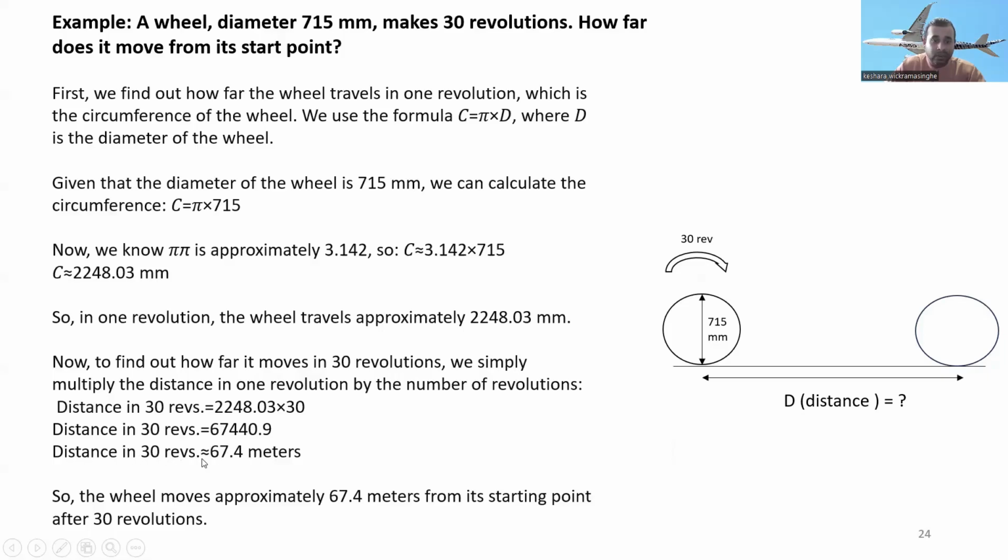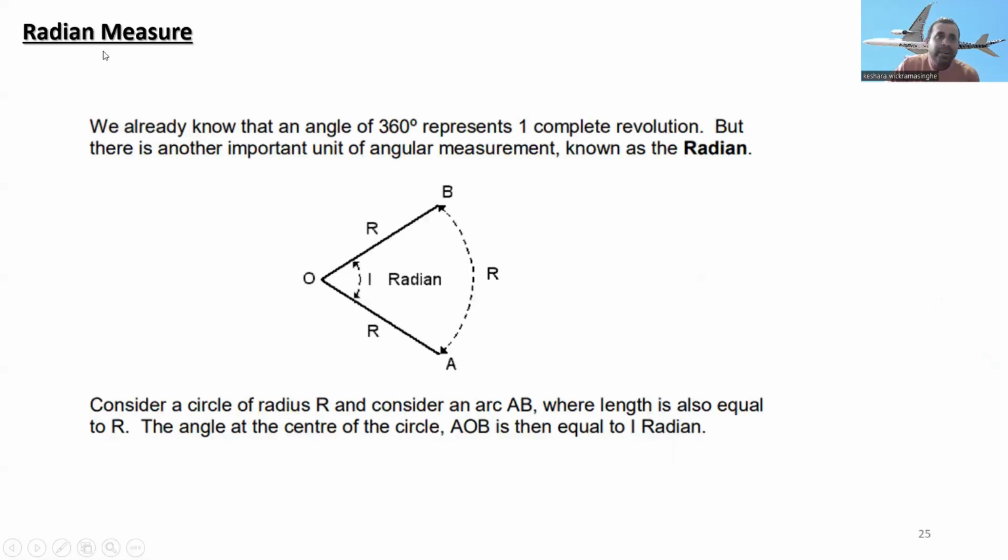So the distance in 30 revolutions is approximately 67.4 meters, because this value is in millimeters, so we have to convert it to meters. The wheel moves approximately 67.4 meters from its starting point after 30 revolutions. That is very easy.